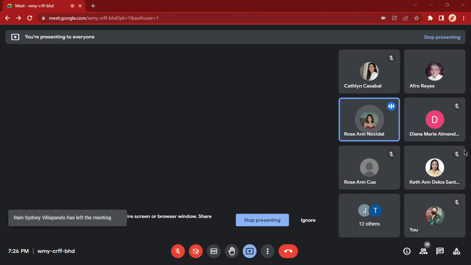Investment in S Company, P Company, 800,000. So, may adjustment na nangyari sa credit side na 544,000 at nag-eliminate ng 256,000. 256,000 plus 544,000 is equal to 800,000.